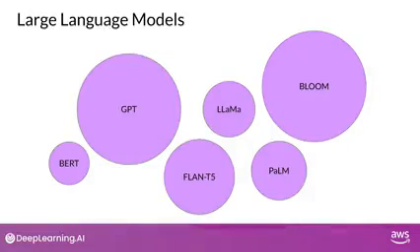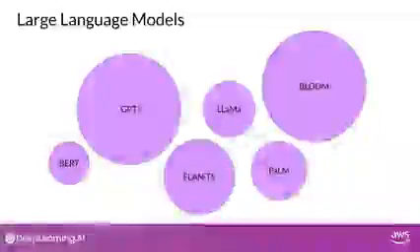Large language models have been trained on trillions of words over many weeks and months, and with large amounts of compute power. These foundation models, as we call them, with billions of parameters, exhibit emergent properties beyond language alone, and researchers are unlocking their ability to break down complex tasks, reason, and problem solve.